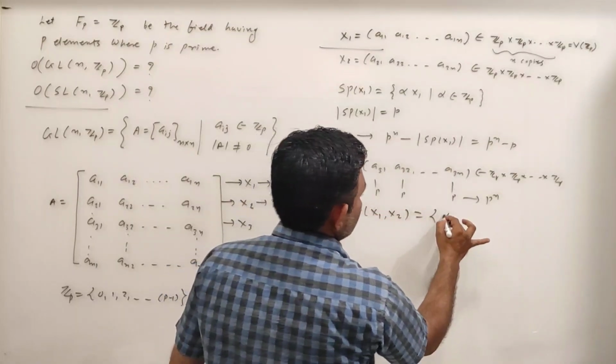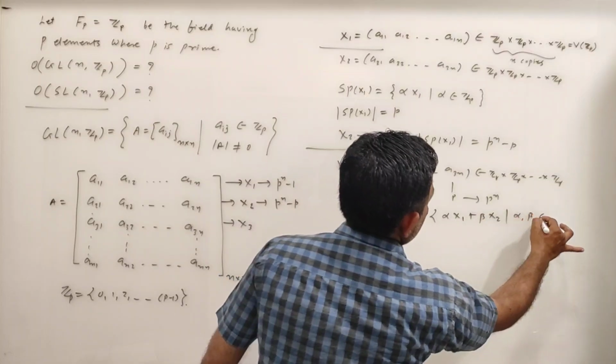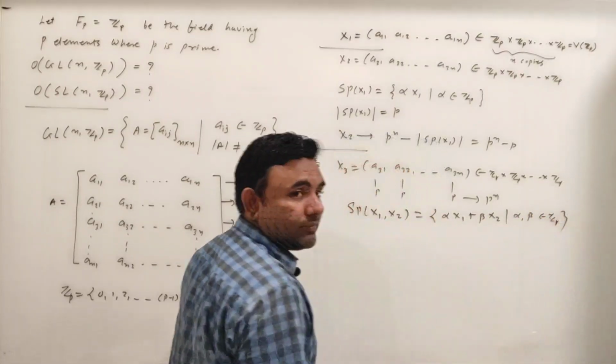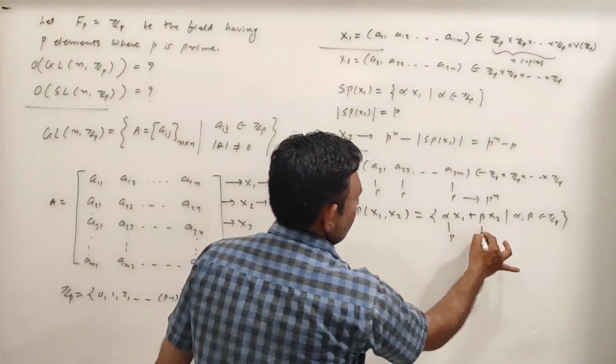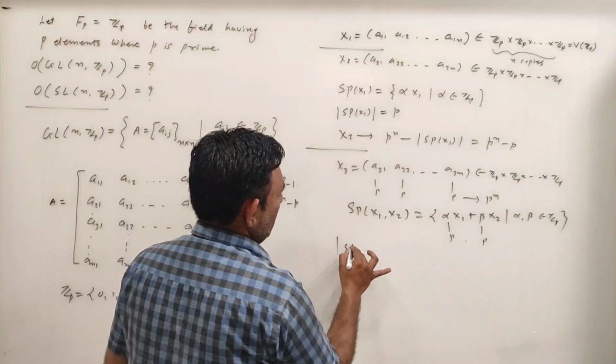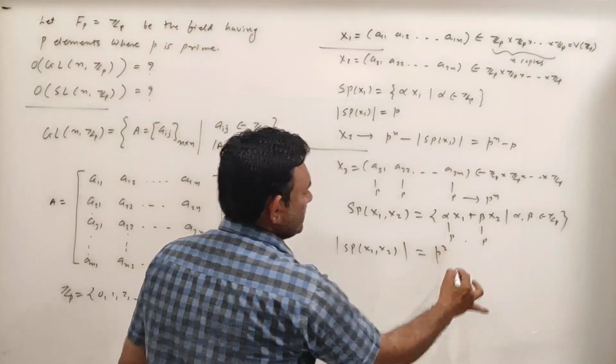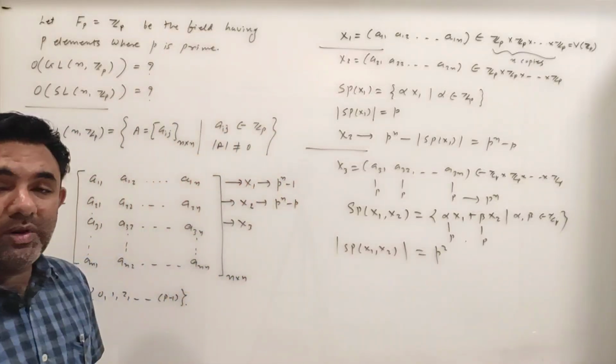So it is alpha x1 plus beta x2, where alpha and beta belong to Zp. So alpha has p choices and beta has p choices. So total is p square choices. So cardinality of span of x1, x2 is p square.